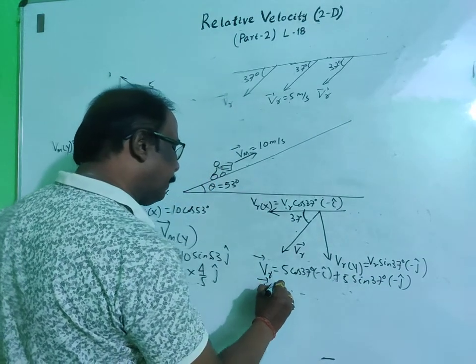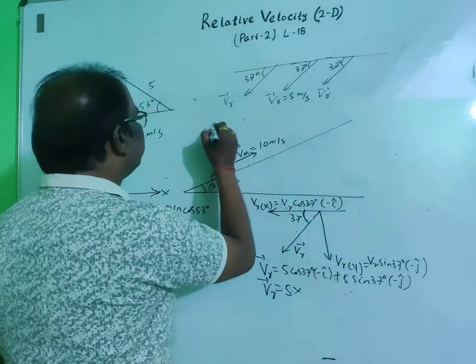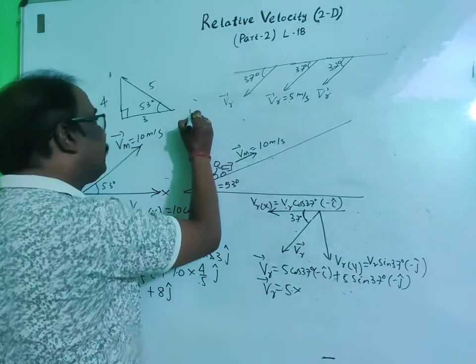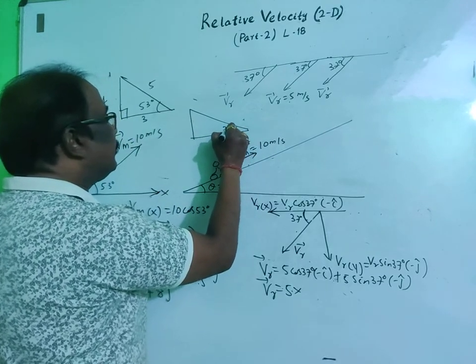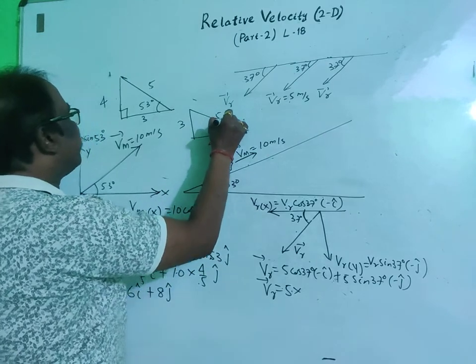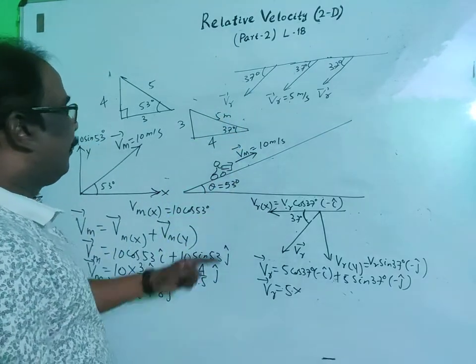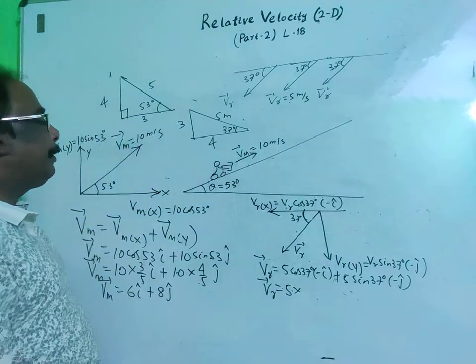So velocity of rain is equal to 5, again 37 degrees. You may again follow the triangle rule. This is 37 degrees, this is 3 meter, this is 4 meter, this is 5 meter. Then tan 37 is 3 by 4, tan 53 is 4 by 3.